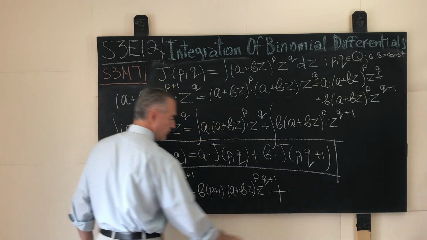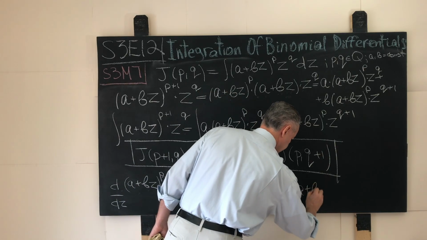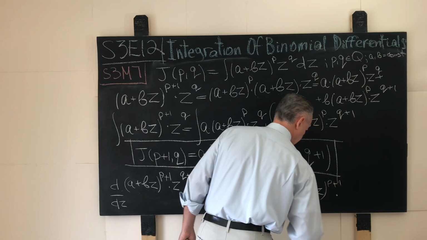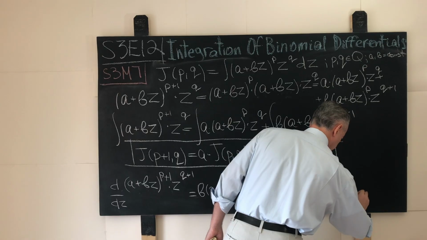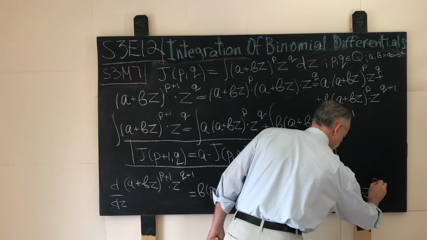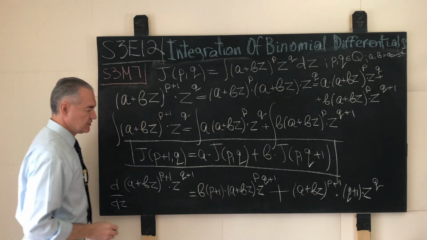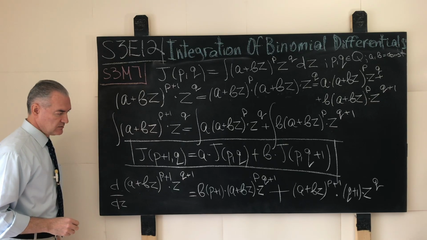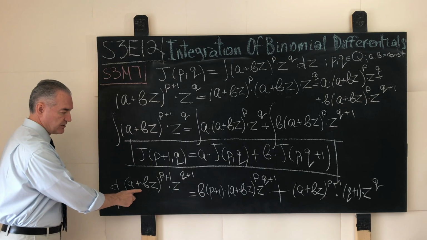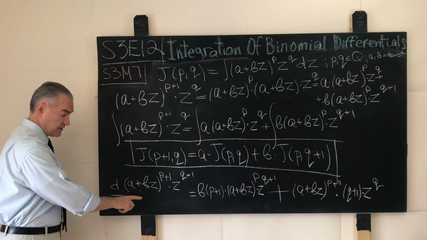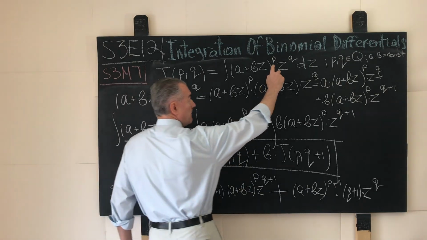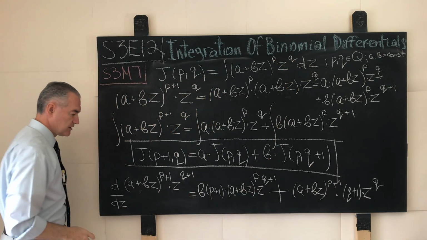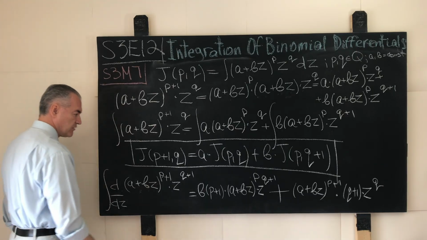Well, our first factor, (a plus b z) raised to the power of p plus 1, times q plus 1 times z raised to the power of q. You see, this is, again, nothing extraordinary. This is, again, generating this idea, pumping these exponents up by 1, and then differentiating like this, and then taking the integrals of both sides.